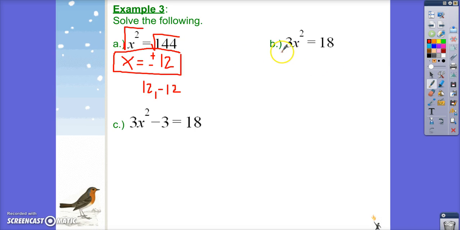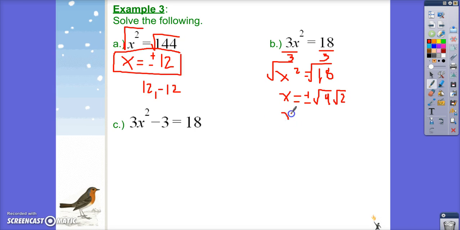Letter B. In order to get x by itself, we have to divide first, both sides by 3. So we get x squared equals 18. And take the square root of both sides to get x by itself. Don't forget you could split up 18, square root of 9, square root of 2.